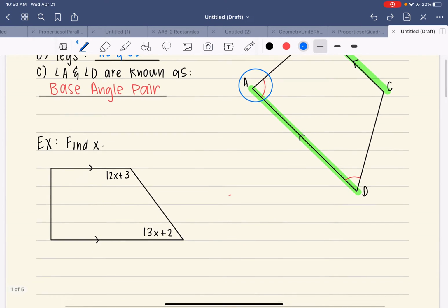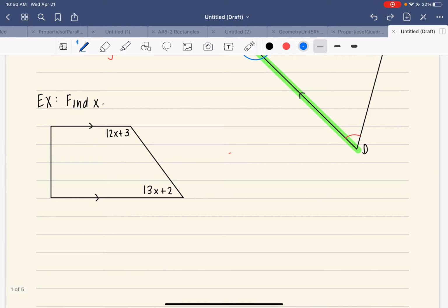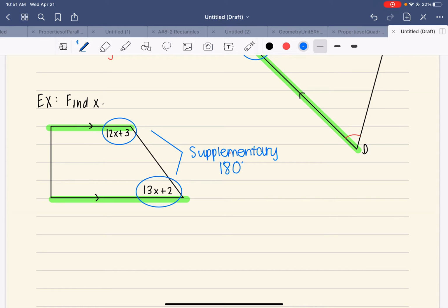So that's what we're about to get into, and that's exactly what your first practice problems will be over, okay? So notice how on this first example, I have my two parallel lines, okay? And notice that my angles don't belong to the same parallel line, okay? If they do not belong to the same parallel line, then they are supplementary to each other. Okay, they're supplementary because they're same side interior angles, so meaning they add up to 180 degrees.